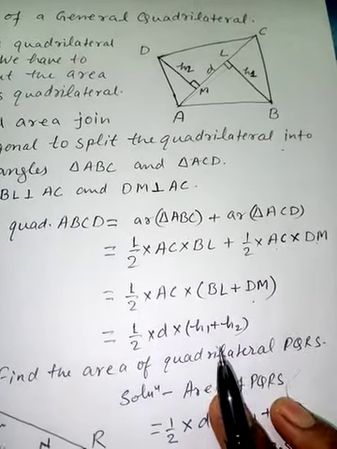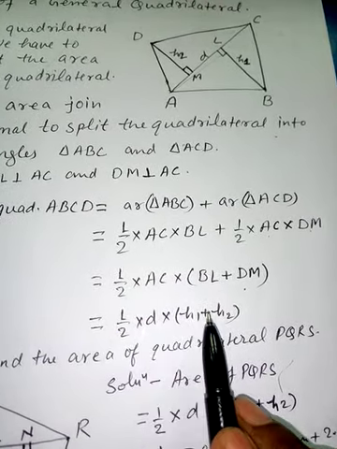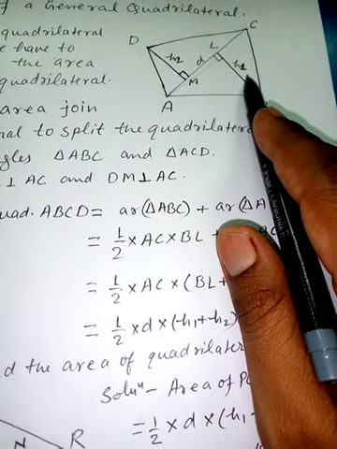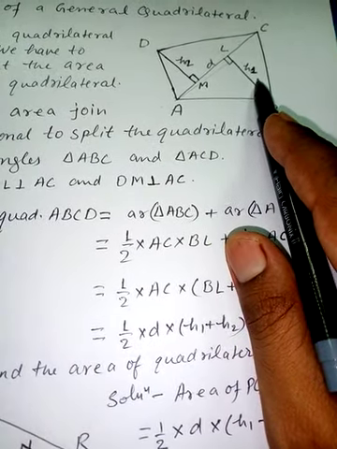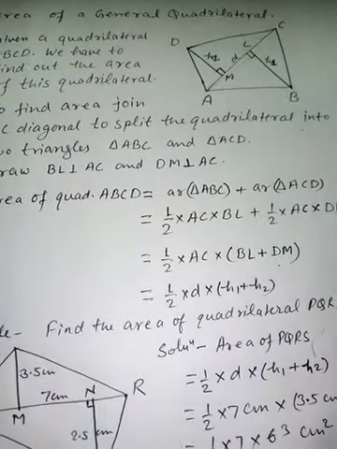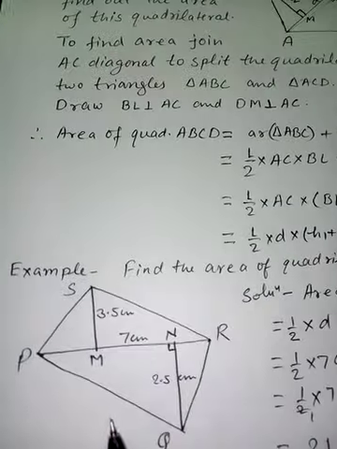So the result will be 1 by 2 into d, for diagonal, and h1 plus h2, the perpendiculars from the vertices.